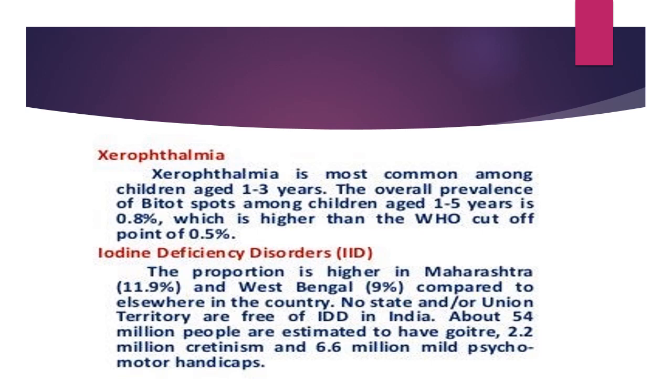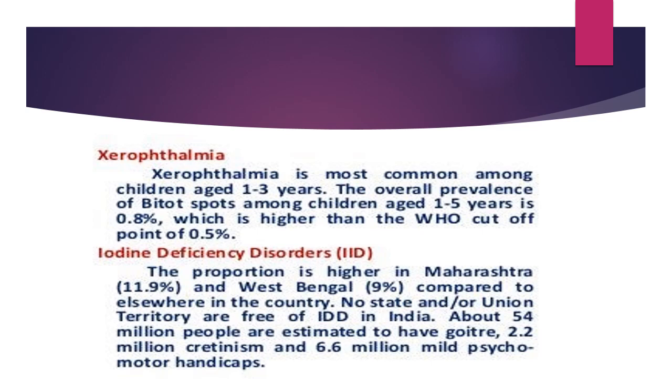Then comes iodine deficiency disorder, which is also common in India. In Maharashtra it is 11.5 percent, and in West Bengal 9 percent of people have iodine deficiency disorders. Not only that, about 54 million people are estimated to have goiter.